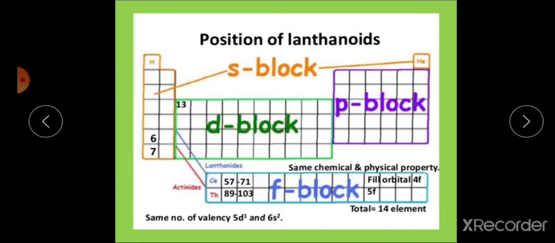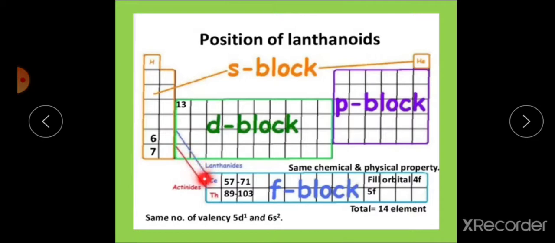This f-block is placed separately at the bottom of the periodic table. You can see in this table where the f-block elements are placed. There are two series of f-block. The first series is lanthanide. Here lanthanum is present.